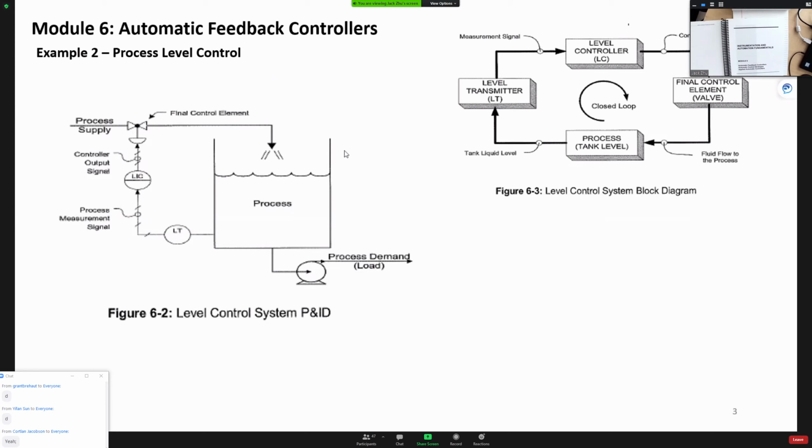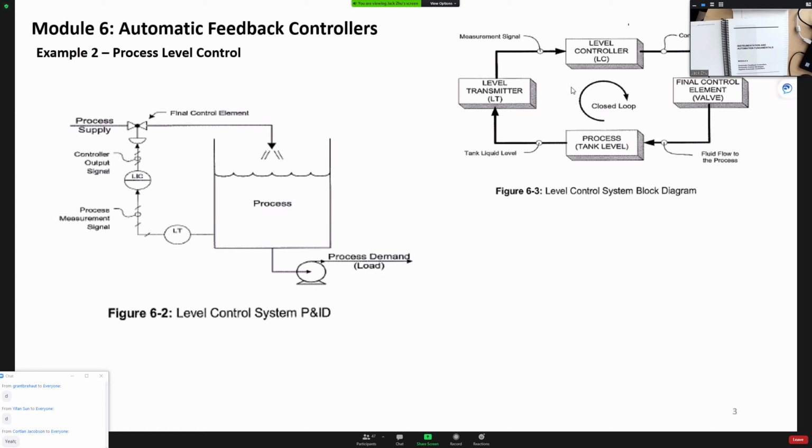Another example they use to explain things in this module 6 is a liquid level control system in a process. They have a pump draining this liquid for production, a liquid level transmitter, a controller, and a control valve controlling the input of liquid to the tank.